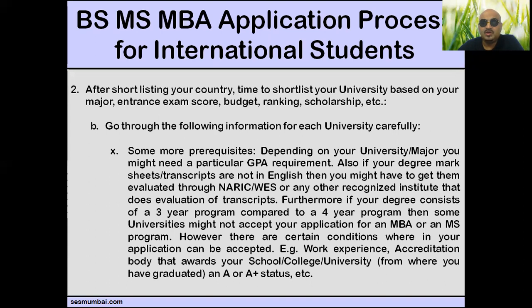Also, if your degree mark sheet transcripts are not in English, then you might have to get them evaluated through NARIC or WES or any other recognized institution that does evaluation of transcripts. WES and NARIC are international institutions that provide evaluation, comparison of what your degree is compared to another degree in another country.